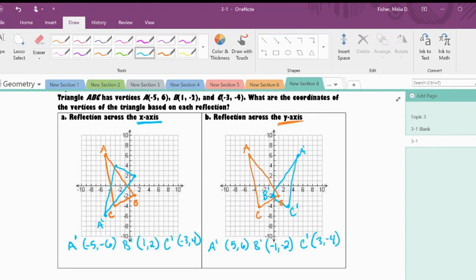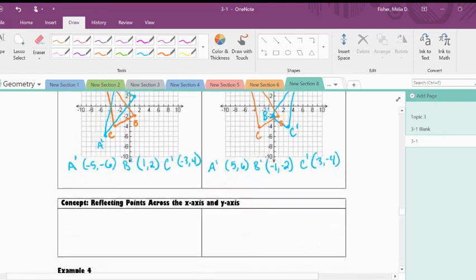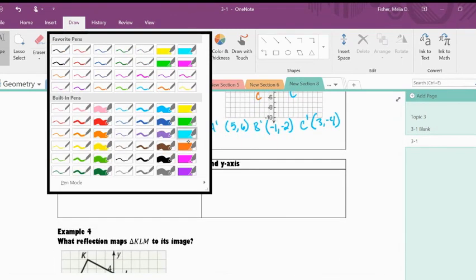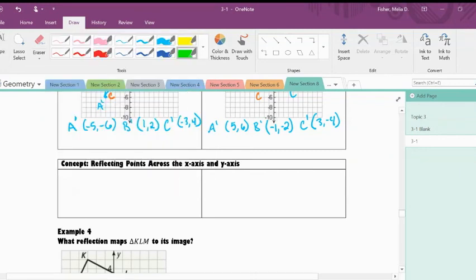Let's wrap that up by making a concept box that you can come back to at any time. You will probably want to refer back to this multiple times during your Math Excel and during your next test.